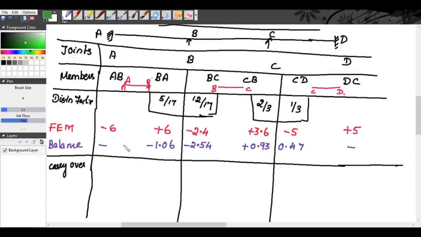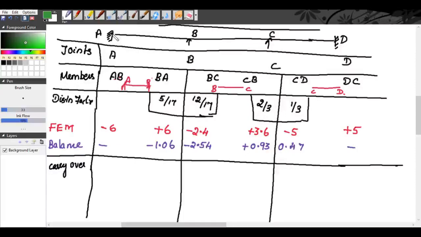See, A is fixed. If A is fixed, from A no moment is carried to B. But the moment from B is carried to A. That was our third proposition.